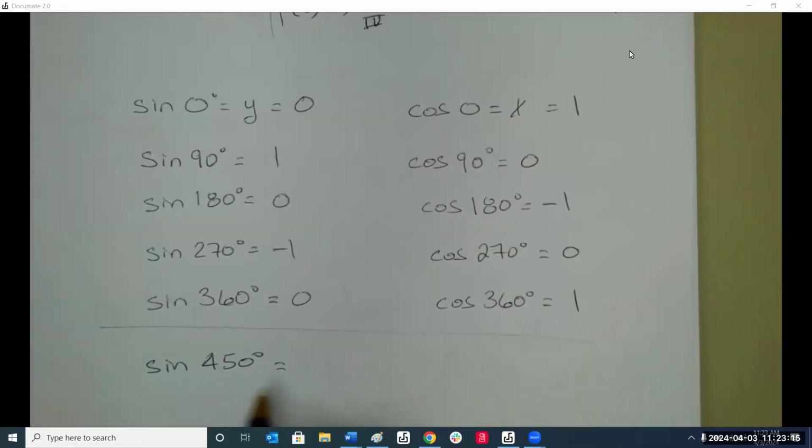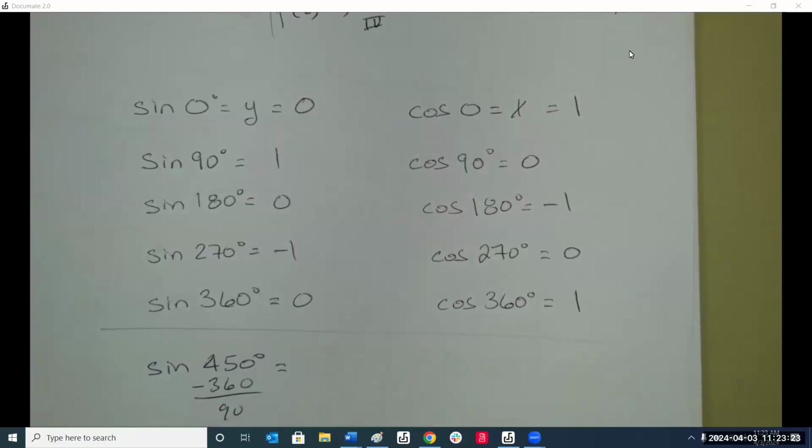Because we know that 360 degrees is all the way around, we subtract 360 degrees. We get 90. So the difference is 90 degrees, so the sine of 90 is 1. Those are positive angles.